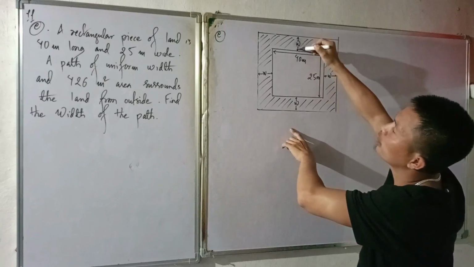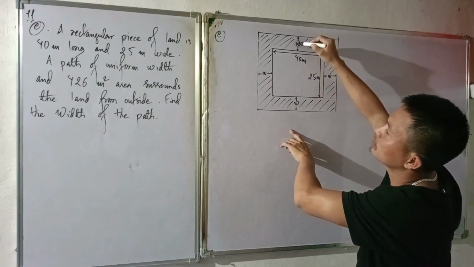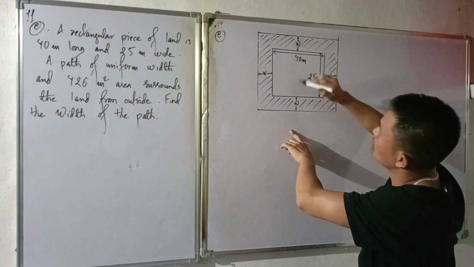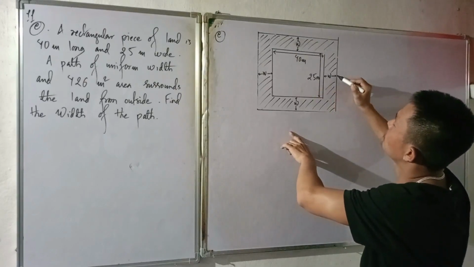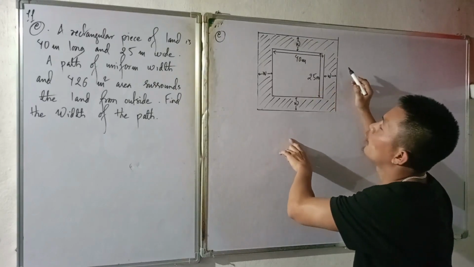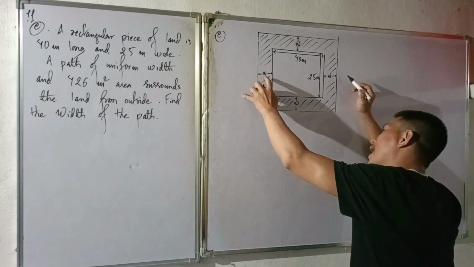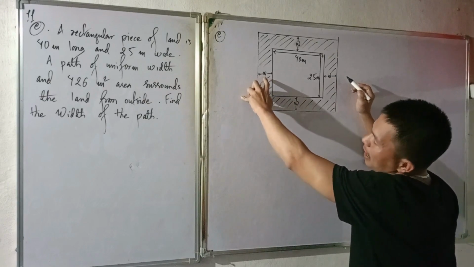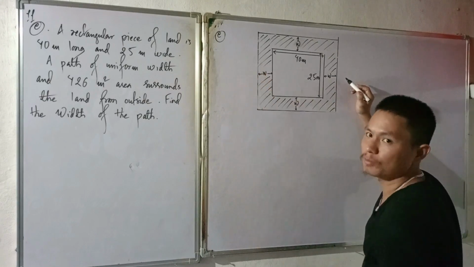It has a uniform width, from here to here, same, from here to here also same, which we don't know the numerical value, but I have denoted it by W, width.